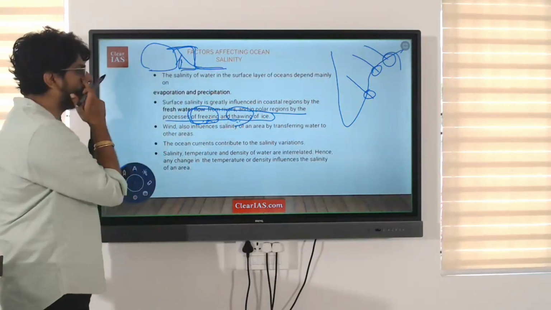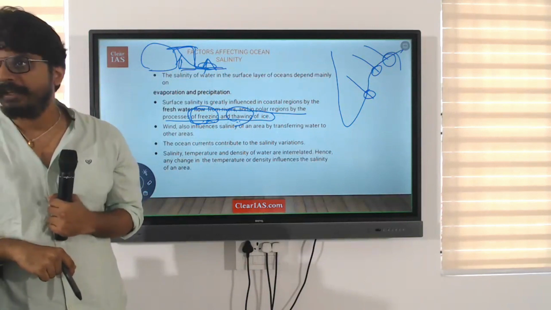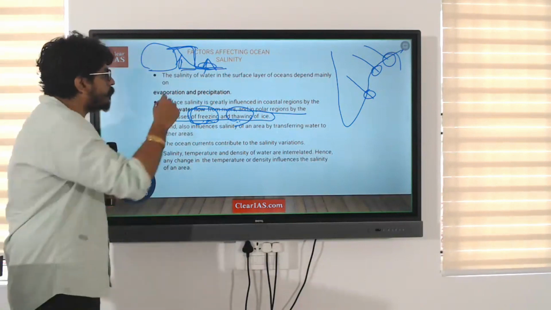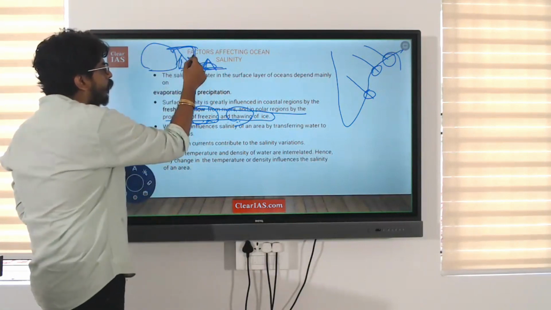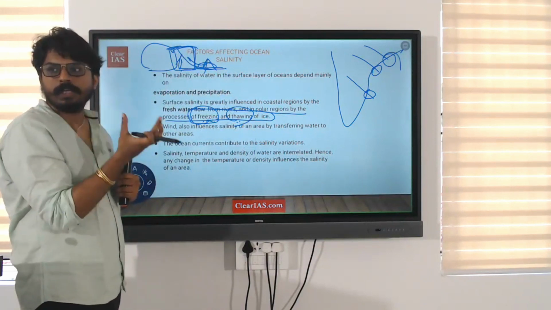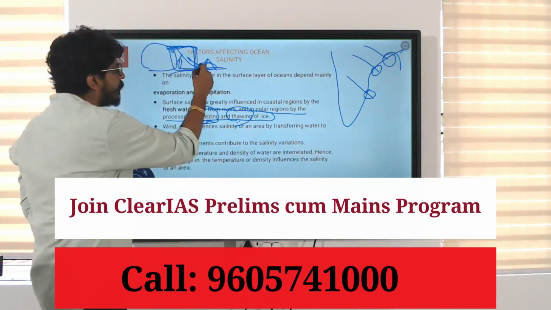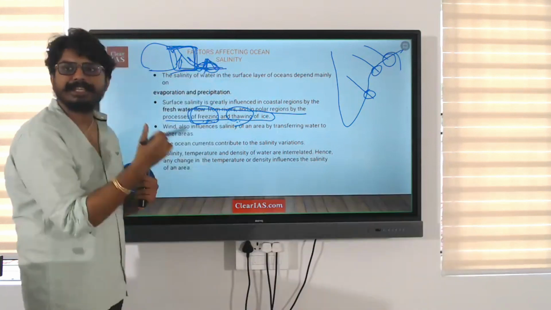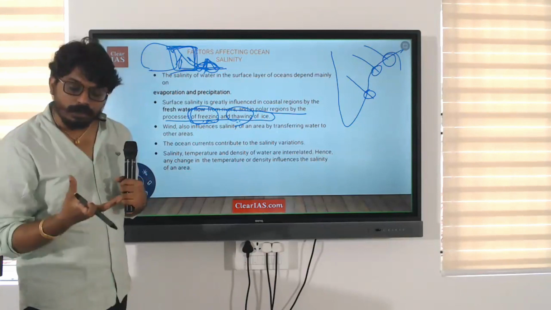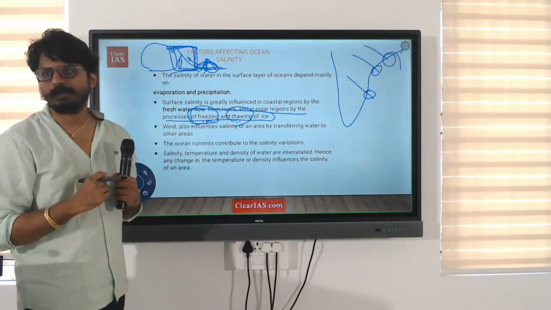So in which case will the salinity of the water increase? When it is freezing, yes, because when water freezes, it is pure water that freezes. Understood? Glaciers won't be salty, it would be pure water that freezes. So the salinity of the rest of the water will increase, because saline water requires a still lower temperature to freeze compared to fresh water.